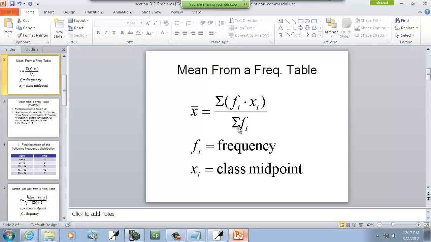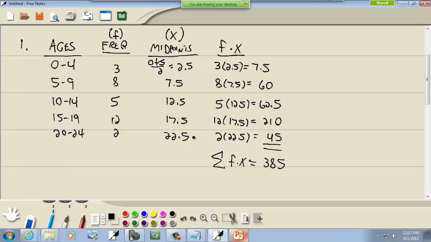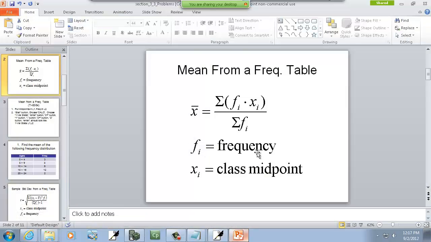The other thing we need is the sum of the f's, so we sum together the frequencies: 3 plus 8 plus 5 plus 12 plus 2. That gives us 30. And now we have everything we need for our formula.